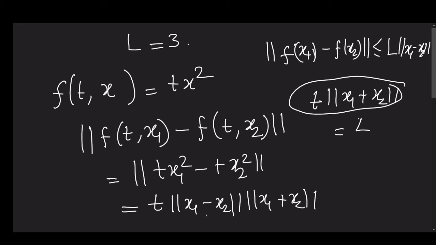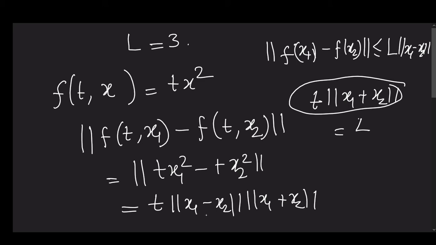Here I would like to mention one thing: if it is a function that takes 2 arguments, you can check whether the function is Lipschitz or non-Lipschitz with respect to one argument itself. So the function failed to satisfy the condition on f of t x1 minus f of t x2, because x1 plus x2 can be any value, even if you keep t constant, it can be very large.